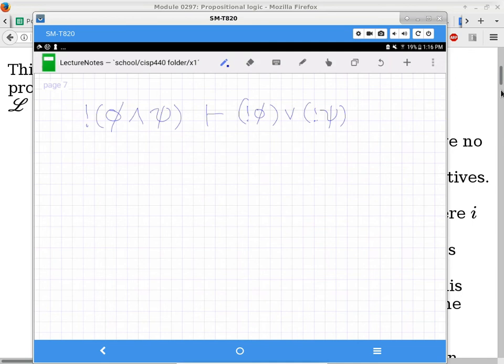And the way it recognizes that this rule can be applied is recognizing that we can turn this into our phi, and we can turn this into our psi. Now it matches the rule itself.